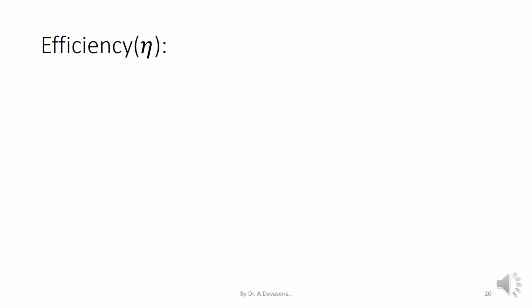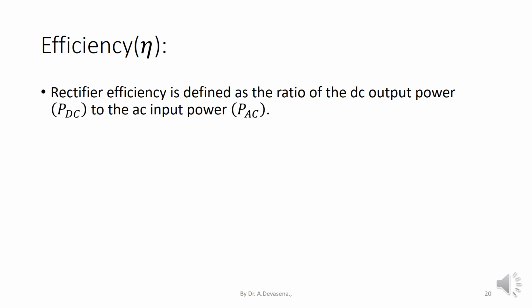Let us start discussing the efficiency of the rectifier. It is represented by a symbol eta. Rectifier efficiency is defined as the ratio of the DC output power P suffix DC to the AC input power P suffix AC.